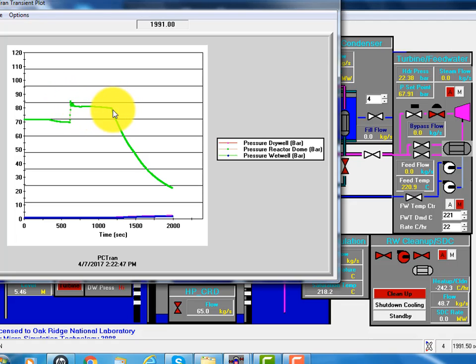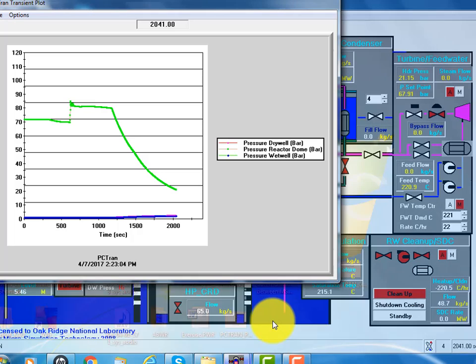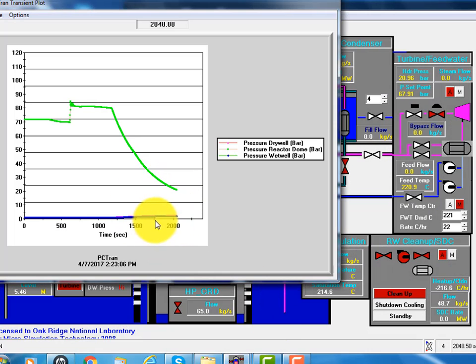And at this moment, we have a loss of coolant, the steam line break, so pressure goes up, goes down. All right, and because we initiate the passive containment cooling system, we can continue to go down, and the containment pressure, I mean the dry well and the suppression pool pressure, does not go down too much.